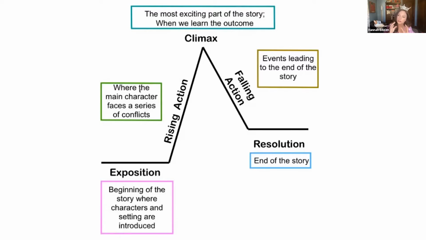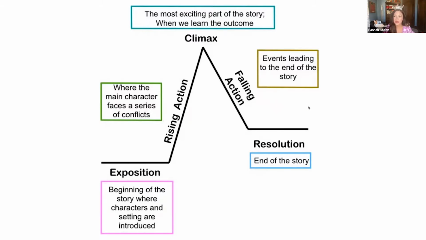This is the part in the story after the beginning where the character is facing a series of conflicts or challenges along the way. The climax, that's going to be the most exciting part of the story where we learn the outcome. And then quickly, our story's wrapping up with the falling action, events leading to the end of the story, and a resolution. That's how we wrap up our story.